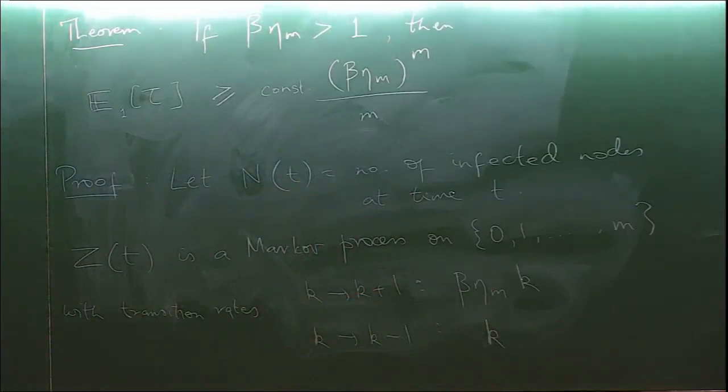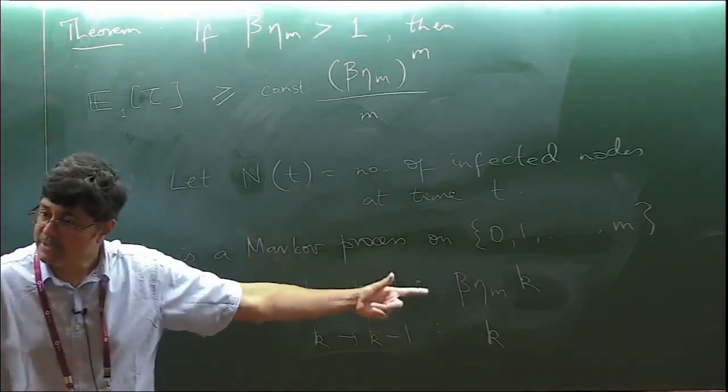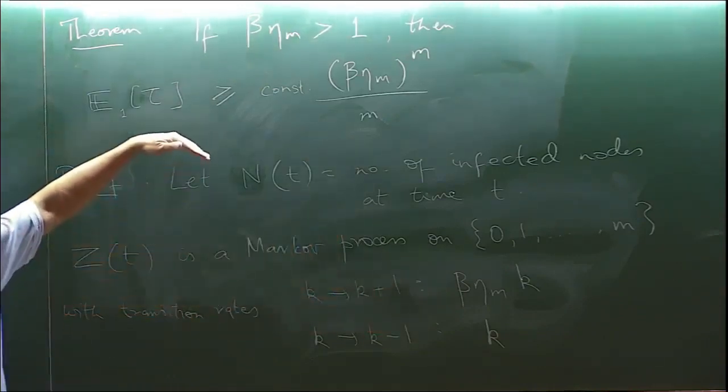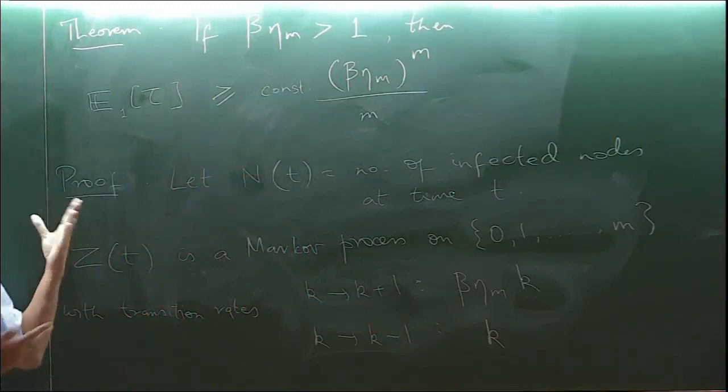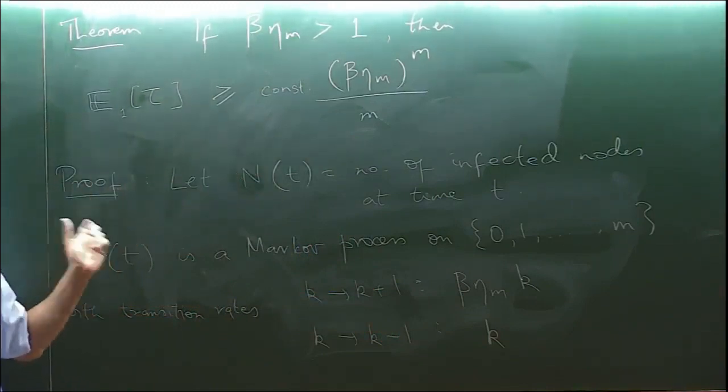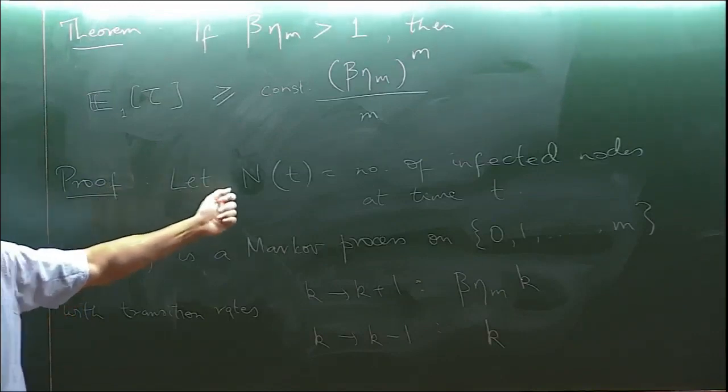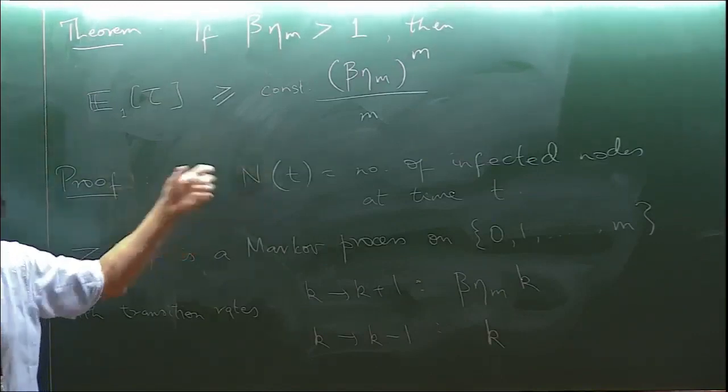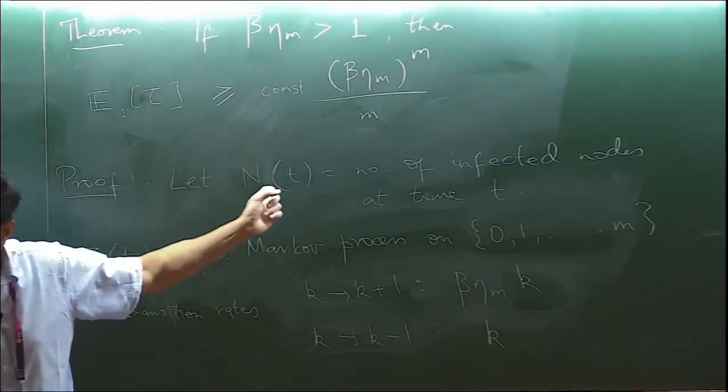But from m, you can't go to m plus 1. That transition is blocked. Okay, what's the intuition for defining the rates this way? I'm going to claim that nt dominates zt. We can couple them so that nt dominates zt. So if we are interested in the time for nt to hit 0, if zt hasn't hit 0, then neither has nt.